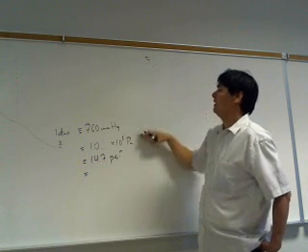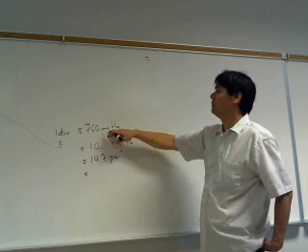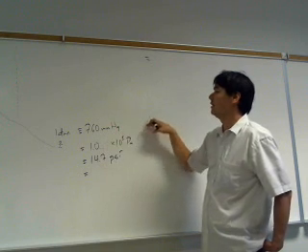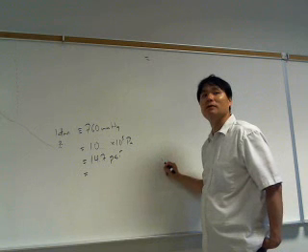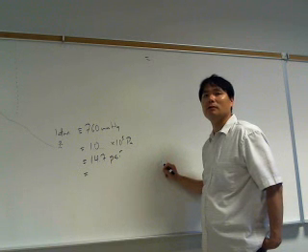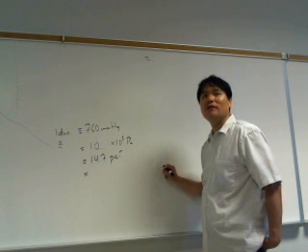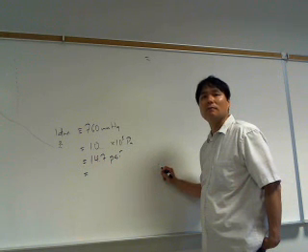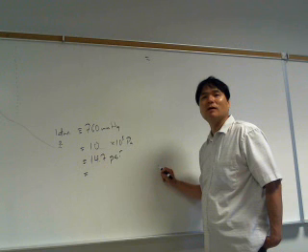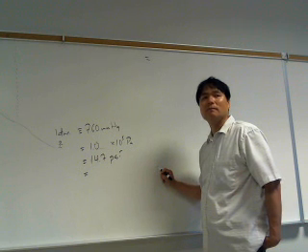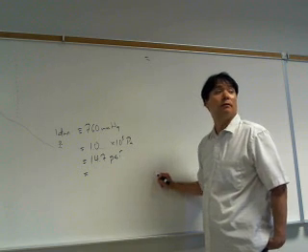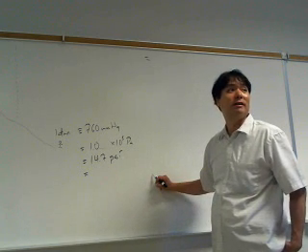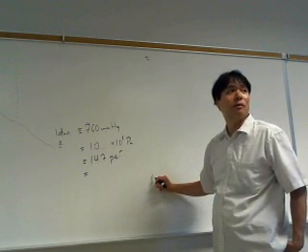If we have the 760 millimeters of mercury, how much water is that equivalent to? What was the density of mercury compared to water? 13.59. 1 foot of mercury is 13.59 feet of water.